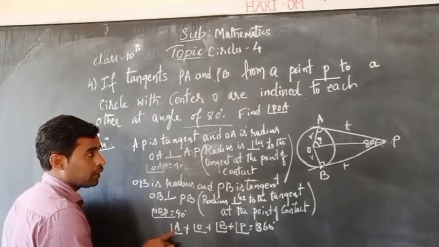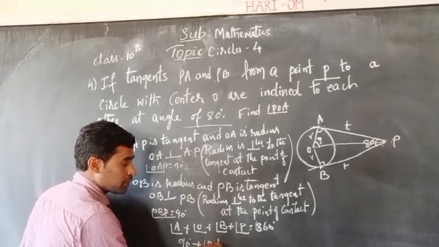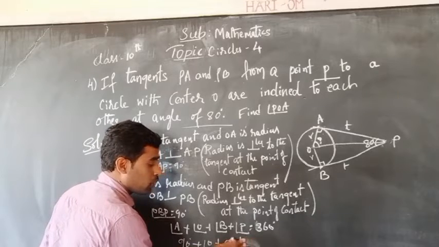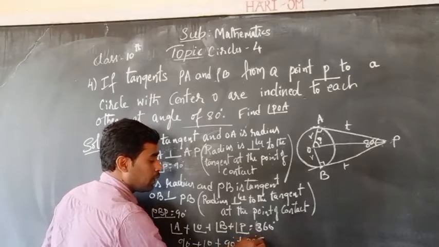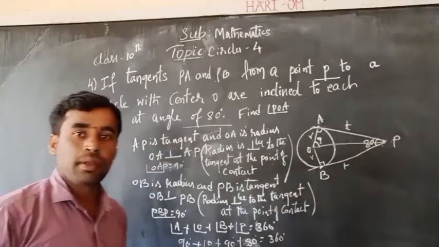Angle A is 90 plus angle O plus angle B 90 degrees. Angle P is equal to 80 degrees, which is equal to 360 degrees.